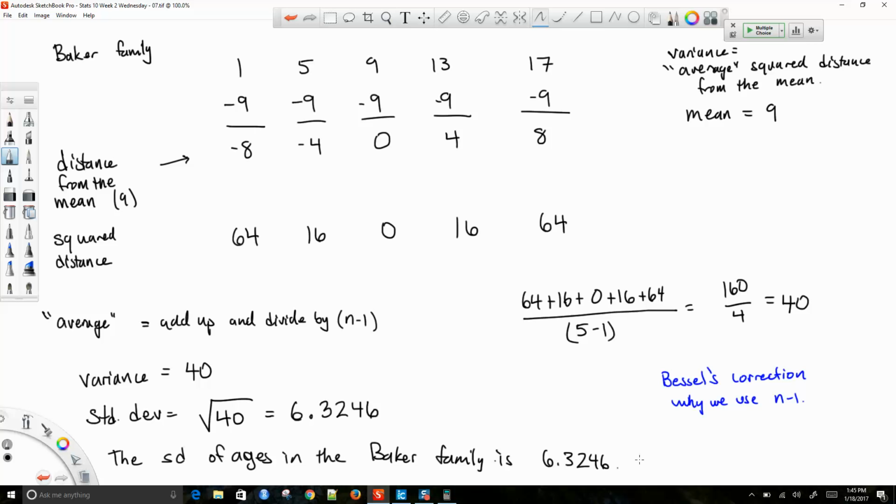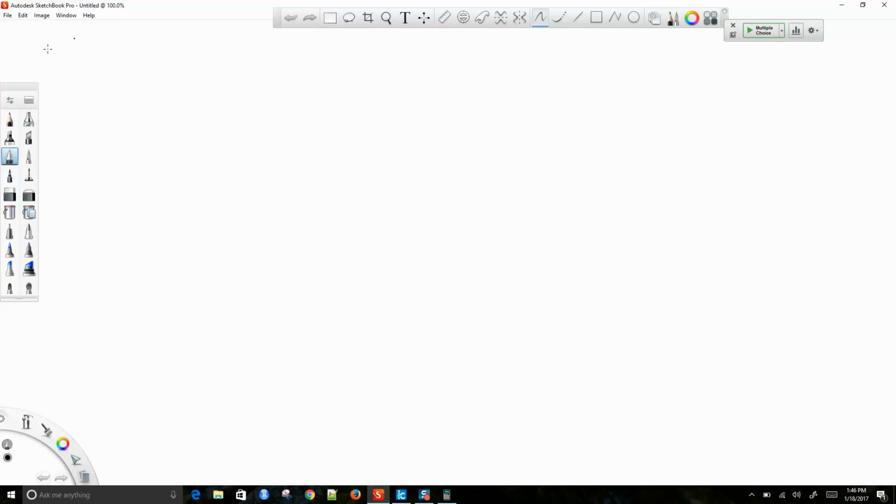If we went to the Thompson family and calculated the standard deviation of ages there, let's see. Okay, so we'll go ahead and do the Thompson family. We have, I believe, 7, 8, 9, 10, and 11.